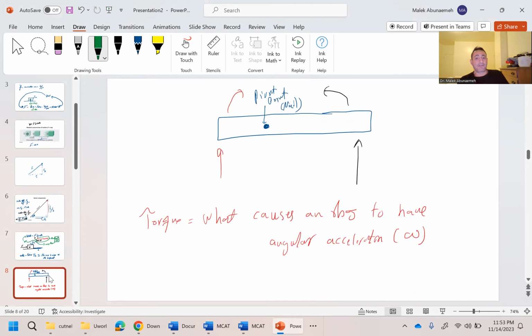Now, when we talk about torque, the torque itself, again, is what causes an object to have an angular acceleration.